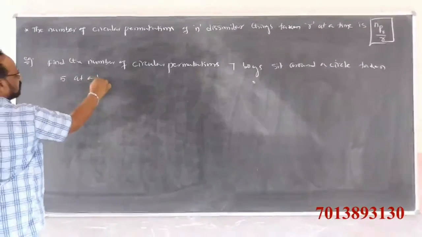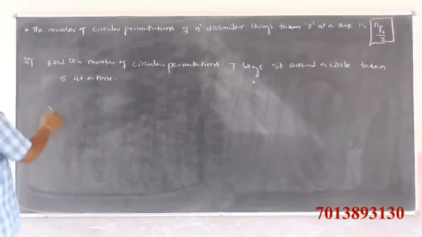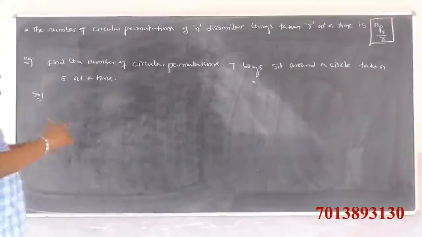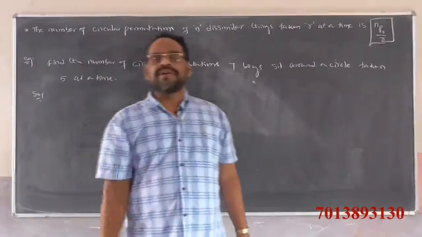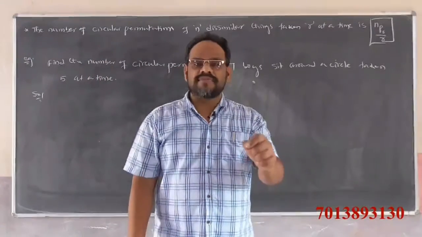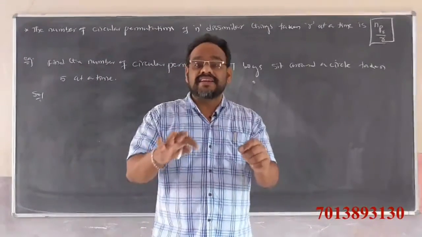Solution. We want to find the number of circular permutations of 7 boys sitting around a circle, taken 5 at a time.